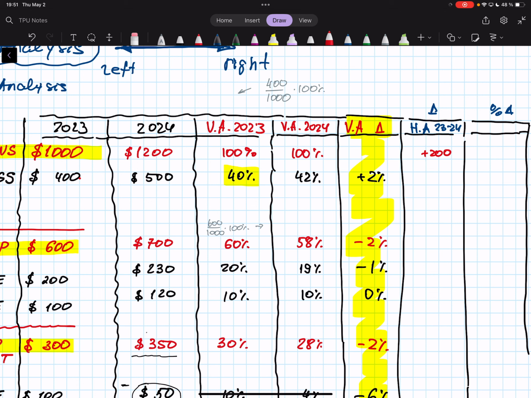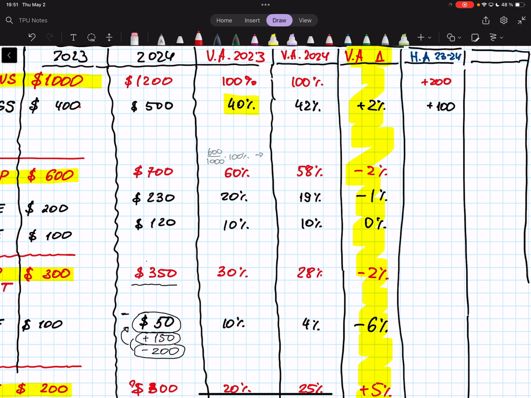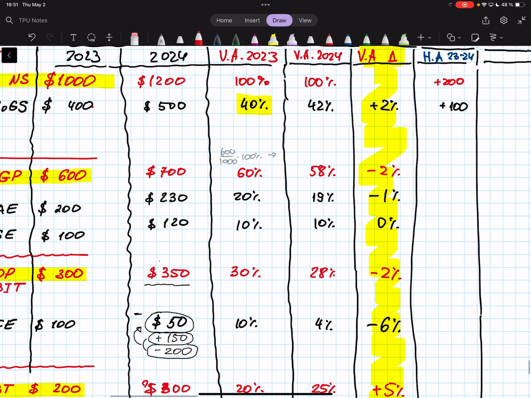What happened to cost of goods sold? Plus 100. It was 400, now it's 500. What happens to gross profit? Plus 100, right?